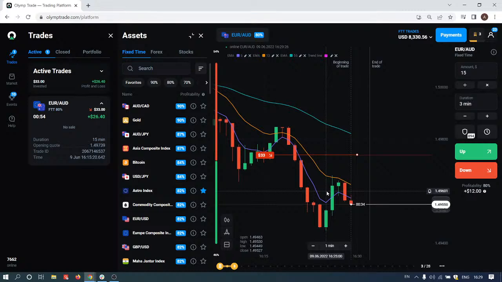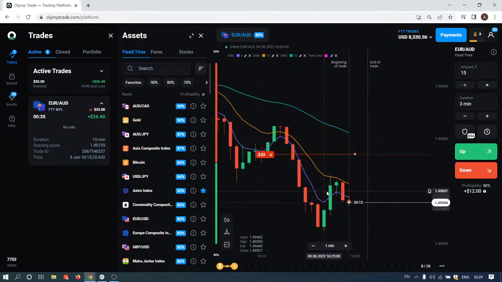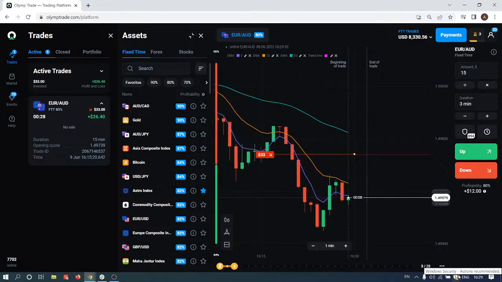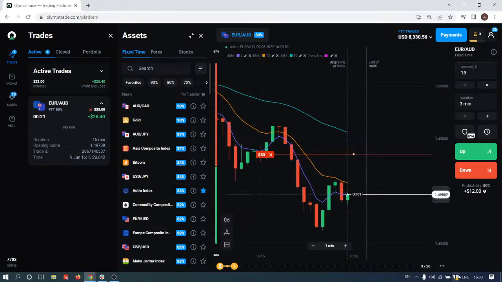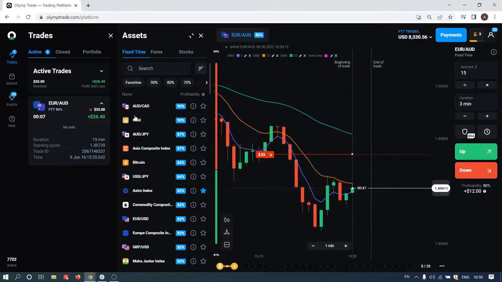I always urge you to be a little bit more cautious when opening trades in the middle of the hour. So let's wait and see the volatility.